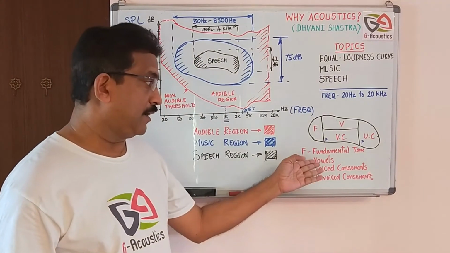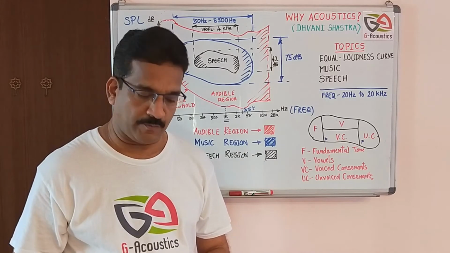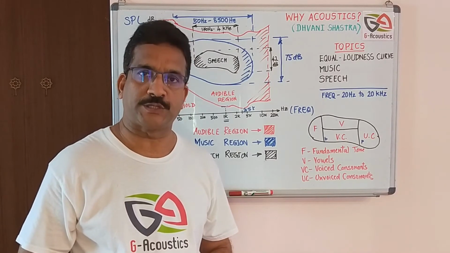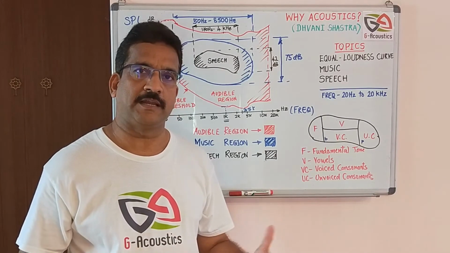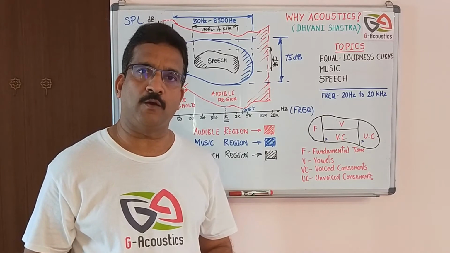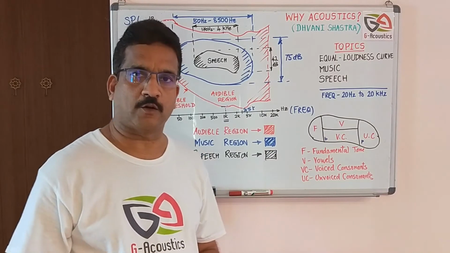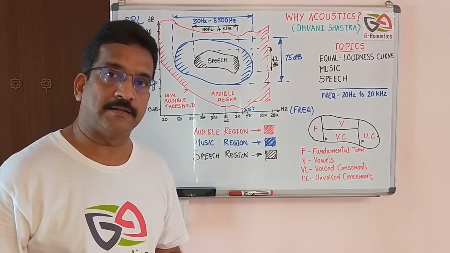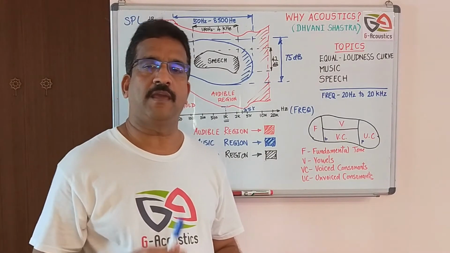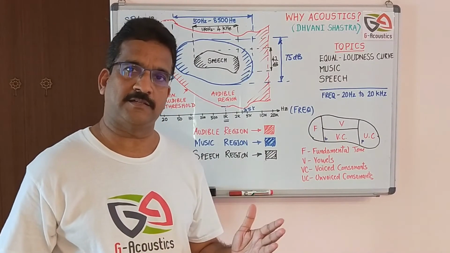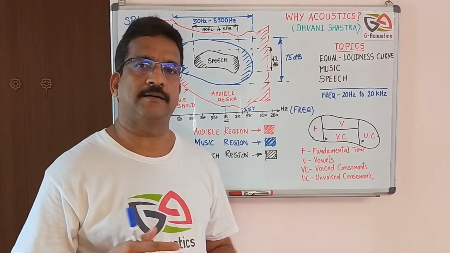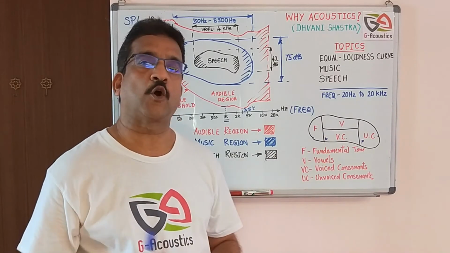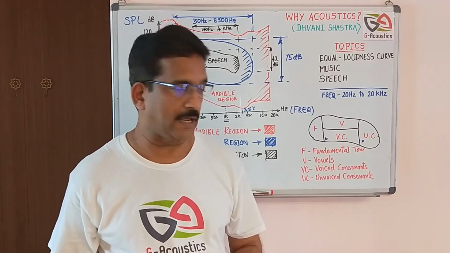Now, in any language grammar, we talk about vowels and consonants, right? Vowels in English are A, E, I, O, U, and the rest of the alphabets are consonants. Same way in Sanskrit or Hindi, we have A, E, like that, which are vowels, and K, G, like those are the consonants in Sanskrit or Hindi.